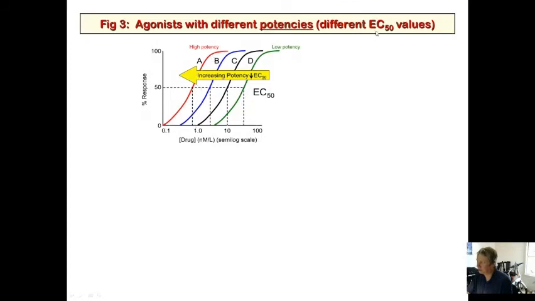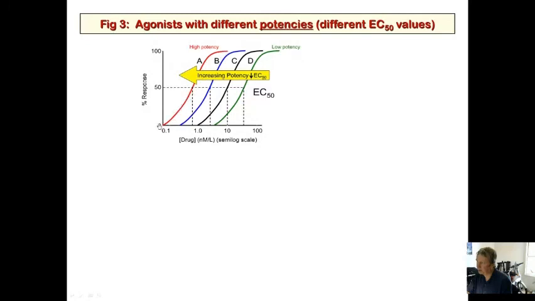Remember, we're not doing IC50. IC50 is for inhibitors or antagonists. These are EC50s, which is for various things, including agonists. So compound A looks like it has the most potency.